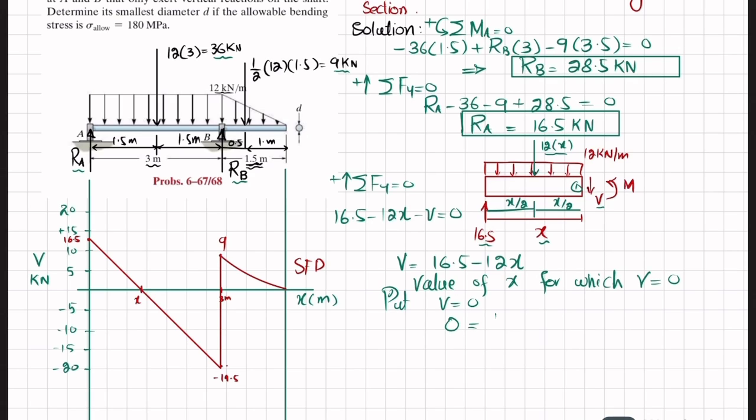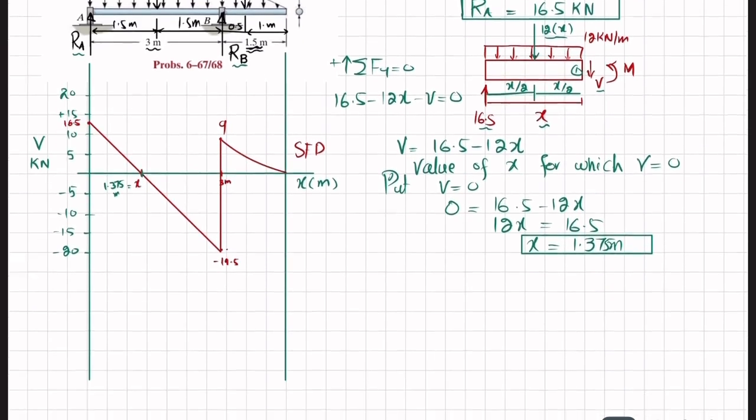So 0 is equal to 16.5 minus 12x, and 12x is equal to 16.5. So x will be equal to 1.375 meter. Clear? So this is the length, x equal to 1.375 meter, at which we have shear force equal to 0.